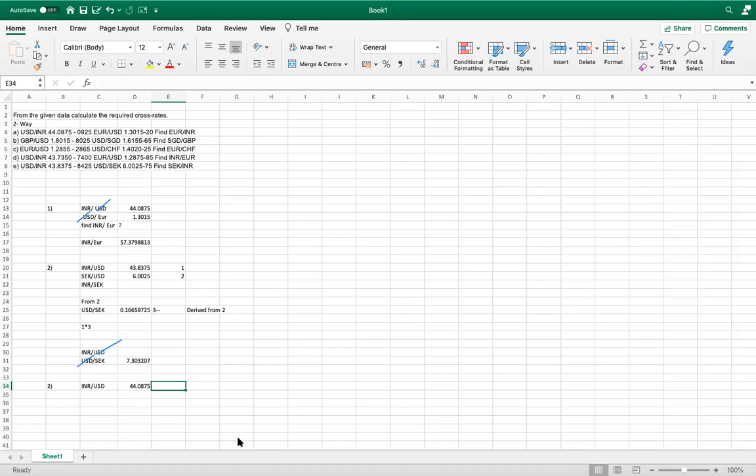So I would say 44.2925. Okay? USD INR. Then USD stroke is going to be 1.3015, 1.3020.